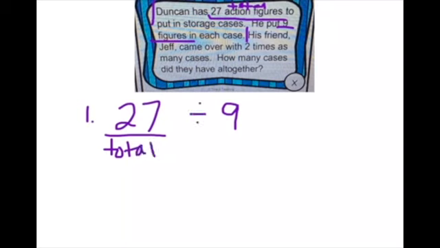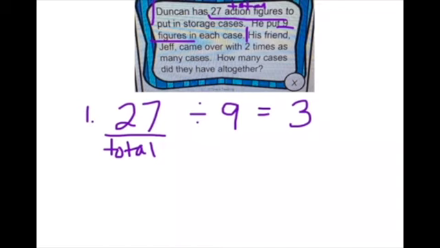If you've been working on reflex math, you might even notice that 27 and 9, there is a division problem that goes with that. And when we're given our total, we know that 27 goes in front. 27 divided by 9. Well, I know that that's 3, because I know 9 times 3 is 27. Those problems are related.